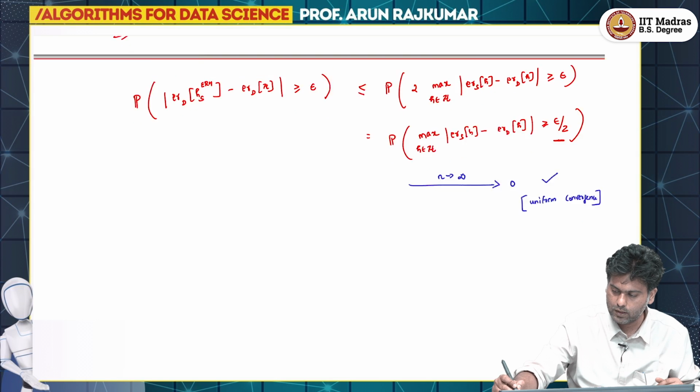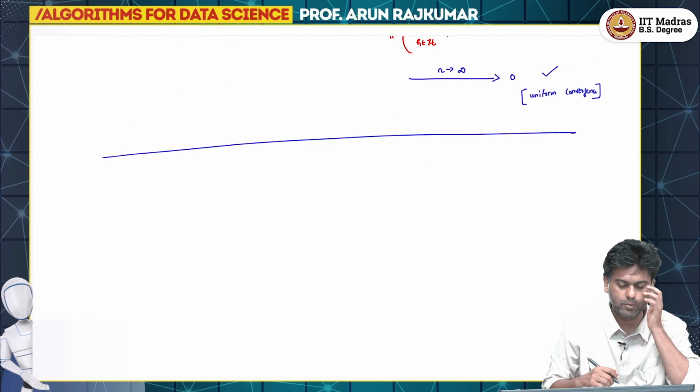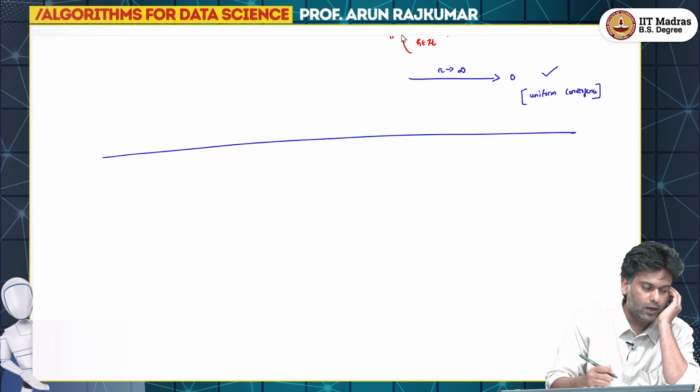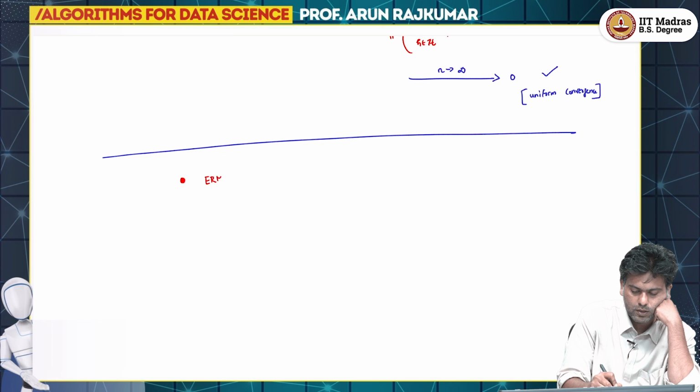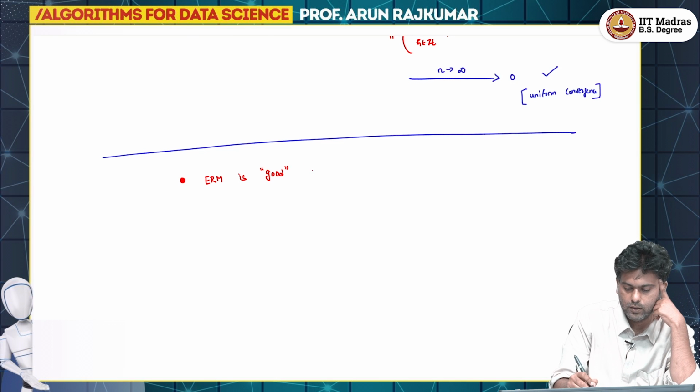So let's put down a few points here to summarize where we are in the estimation world. What have we said? We have said ERM is good, and I say good in the sense of the estimation error, statistically.